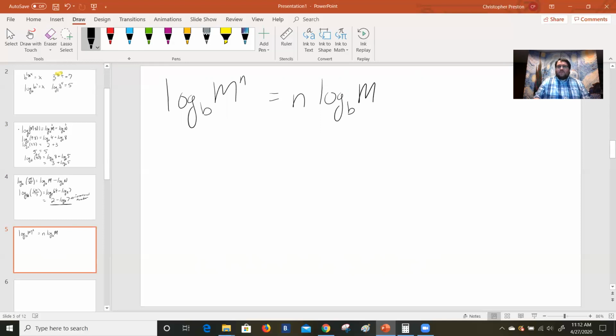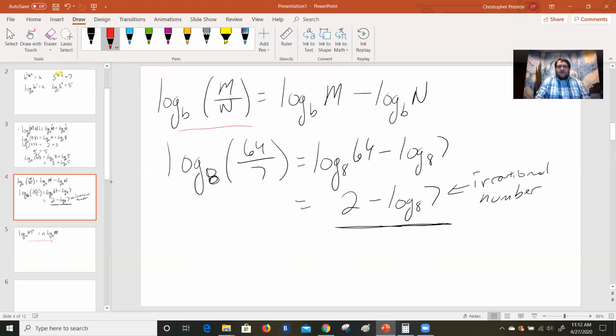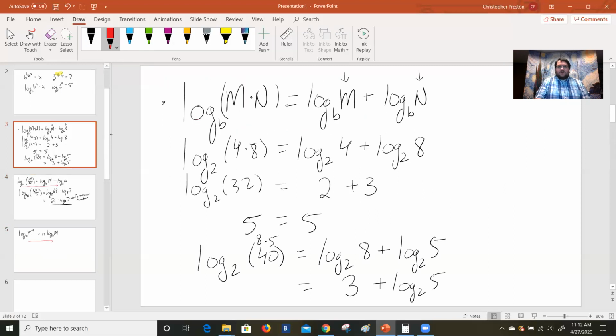Now, I've been pretty much talking about all these properties going in this direction. So I can bring the exponent out front. I can change a division into a subtraction. I can change a multiplication into an addition.